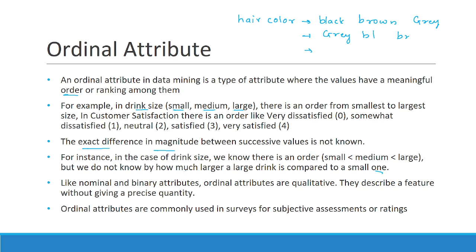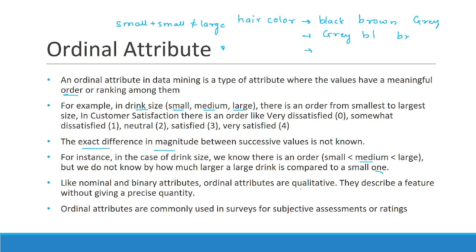The reason we don't know how much larger or smaller is that we cannot perform any calculations. Even if order is present, we cannot perform any calculation on these ordinal attributes. We cannot say small plus small is equal to large. We can only say small is less than medium, or small is less than large.